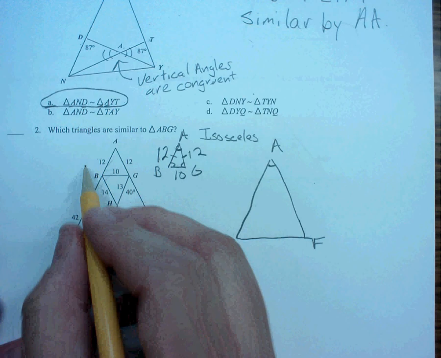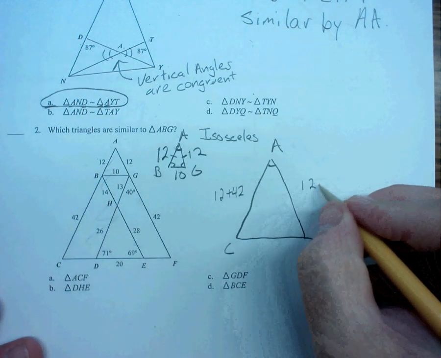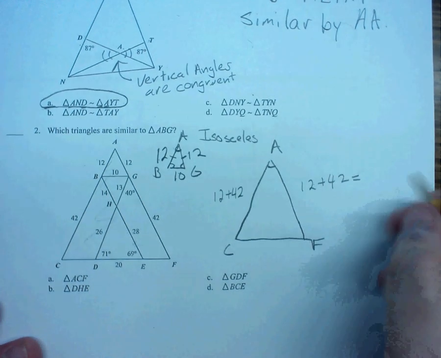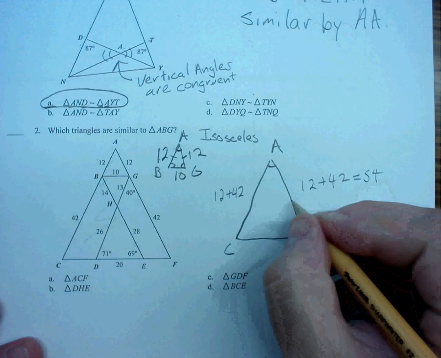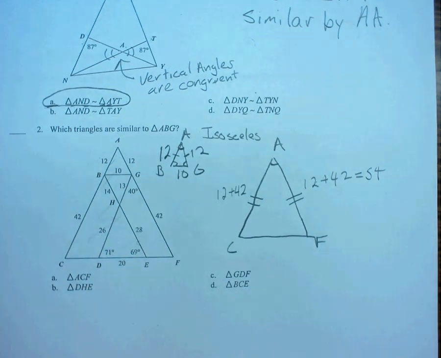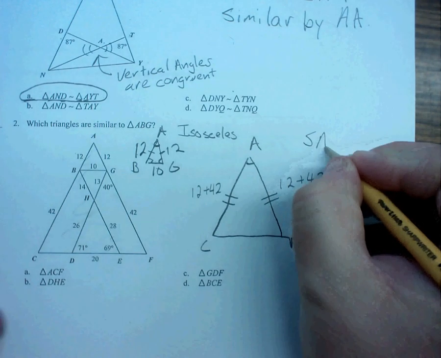And then if I add this up, I've got 12 plus 42 is the total length here, and then 12 plus 42 is the total length here, which is equal to 54. So that means that this side is congruent to this side. Now remember, another postulate for similarity is side, angle, side.